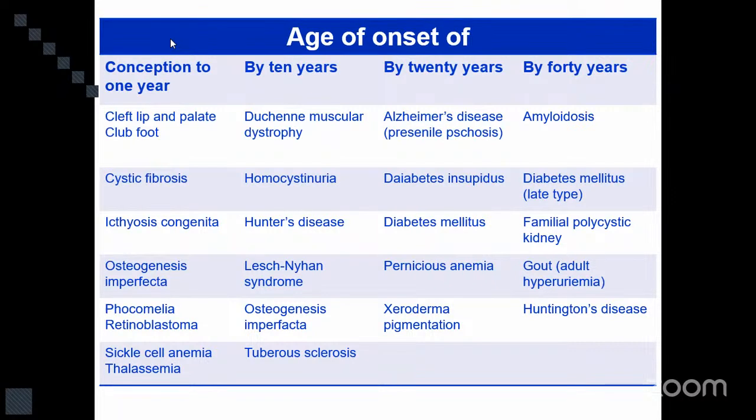By 20 years, Alzheimer's and presenile psychosis. Then diabetes insipidus, diabetes mellitus, pernicious anemia. By year 40, amyloidosis, diabetes mellitus, familial polycystic kidney disease, gout, then Huntington disease, and so forth and so forth. So by 50, by 60, other diseases actually emerge.